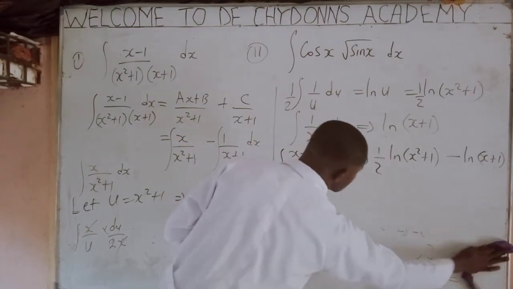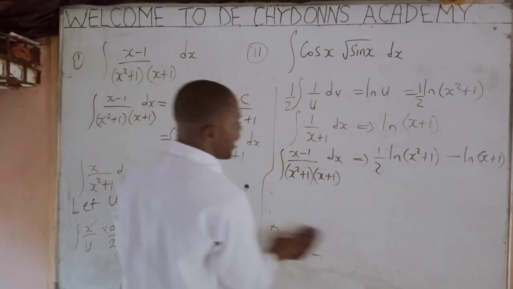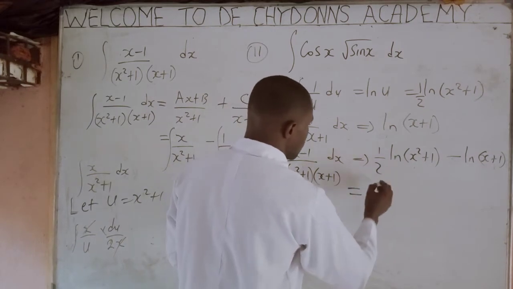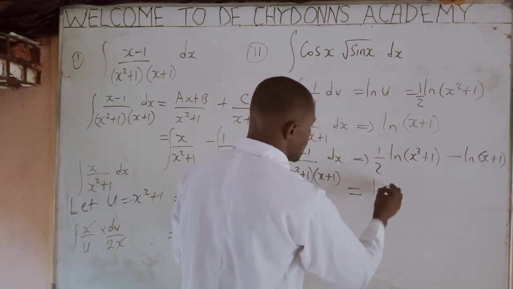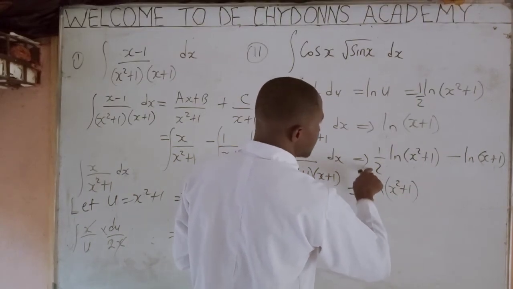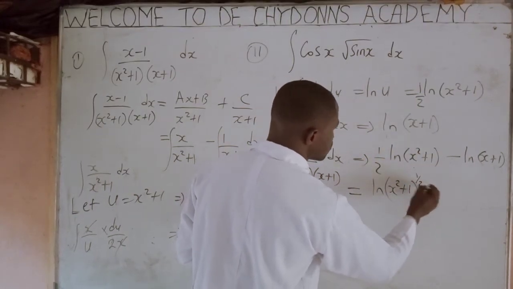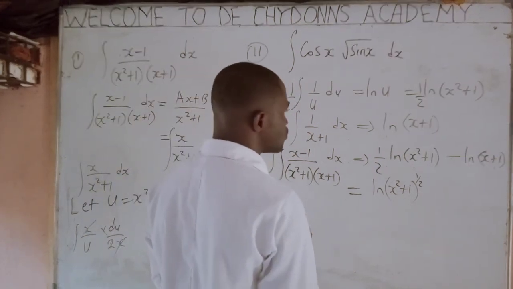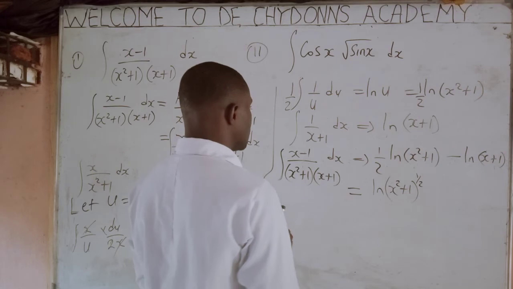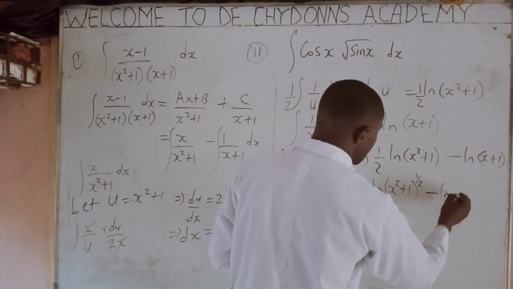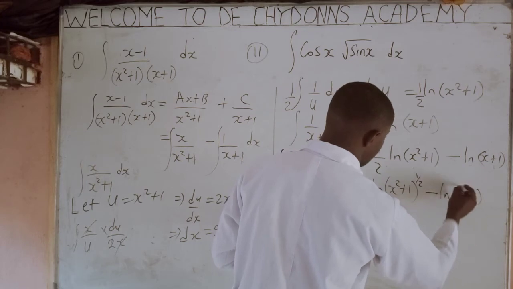You can even continue by packaging your answer by saying this will be equal to ln of x squared plus 1 all raised to power of, when this goes up, 1 over 2. Then you now say minus ln of x plus 1.